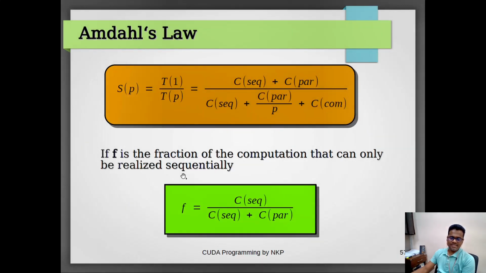Now let's say f is the fraction of the computation that can only be realized sequentially, that cannot be parallelized. I can write that fraction as the sequential component upon the total, sequential divided by sequential plus parallel. This fraction will always be between 0 and 1, because we are dividing the sequential portion by the total.